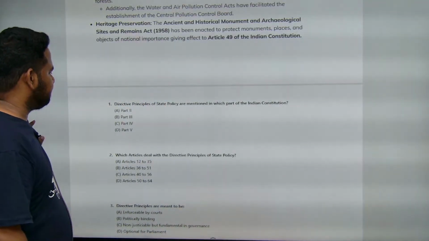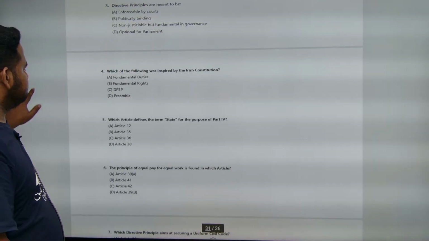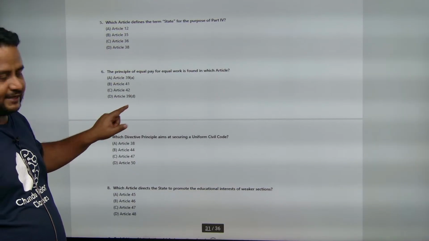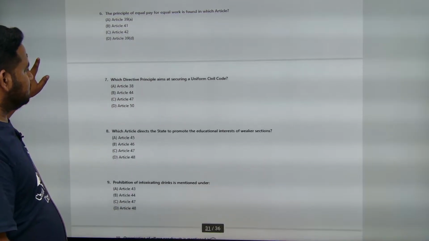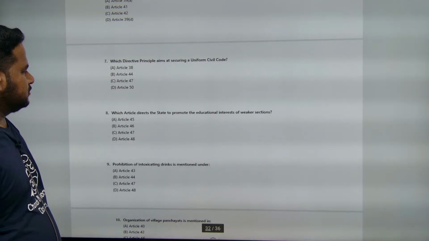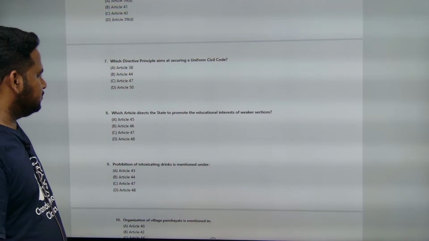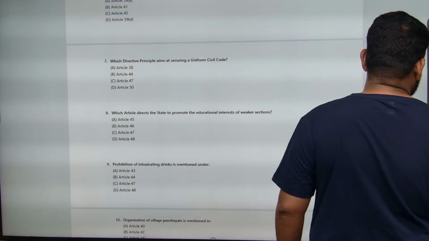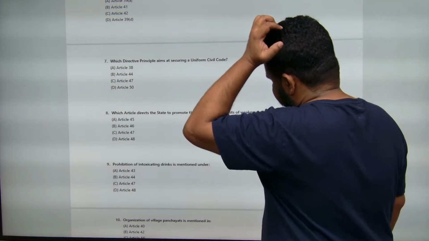Directive principles of state policy, this we have done. Equal pay for equal work, 39D. Uniform Civil Code, 44. Educational interest of weaker section.